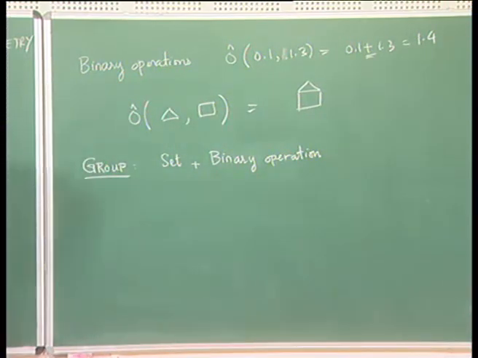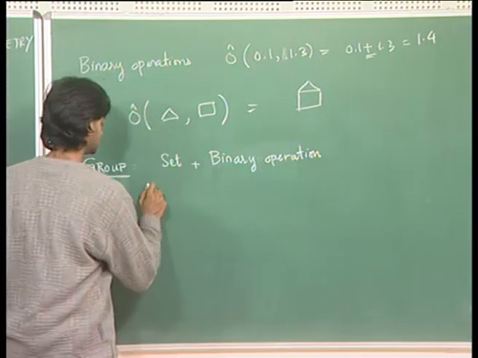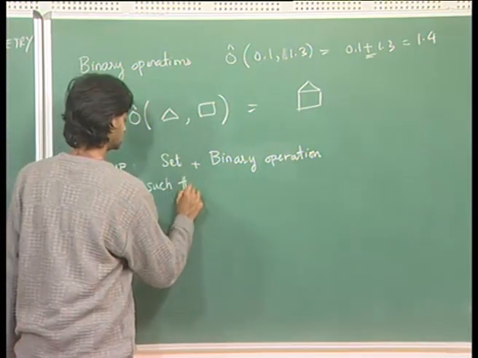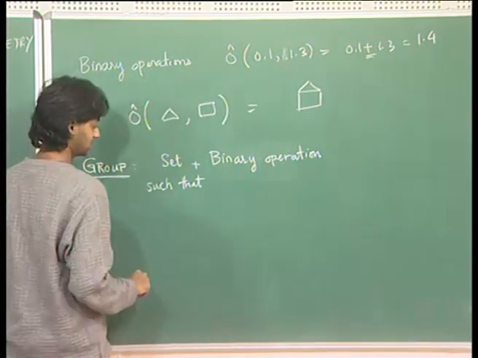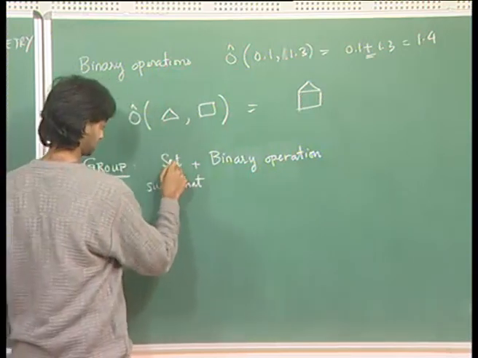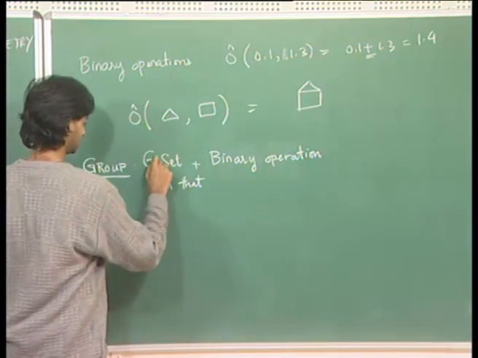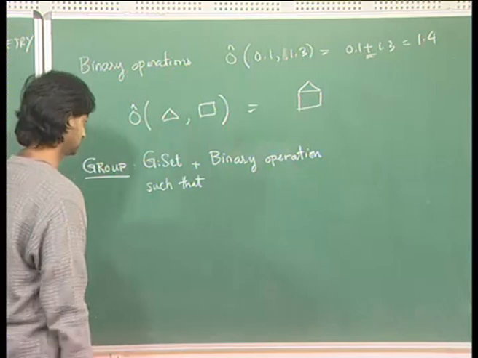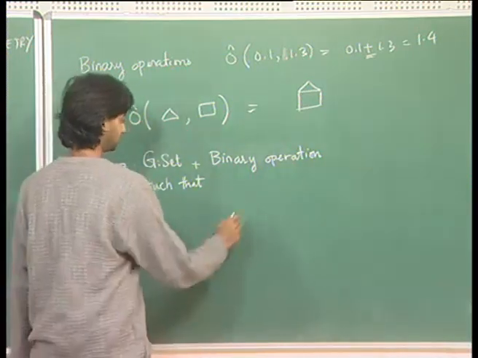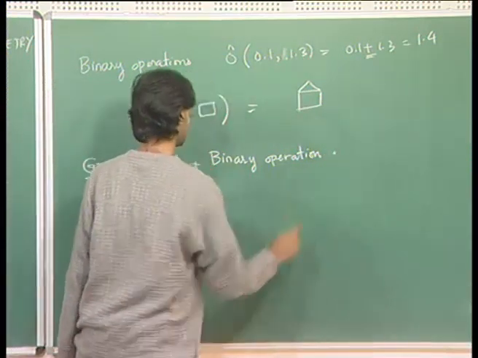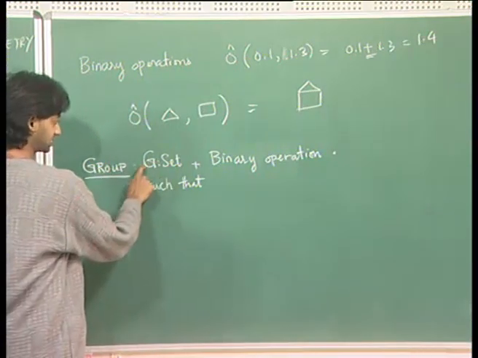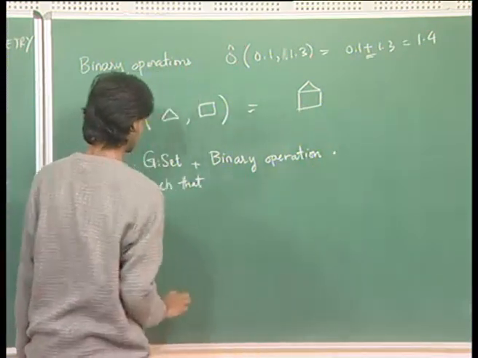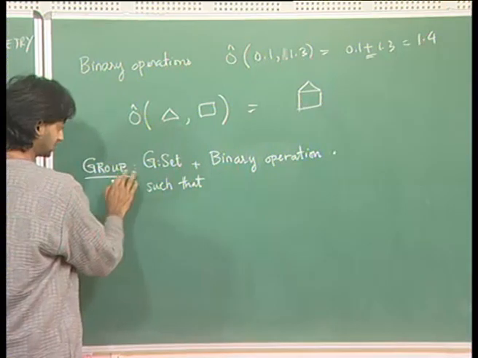So it consists of a set and a binary operation such that, let me call the set G, and the binary operation I will denote by dot.